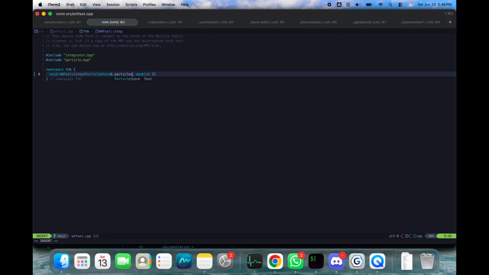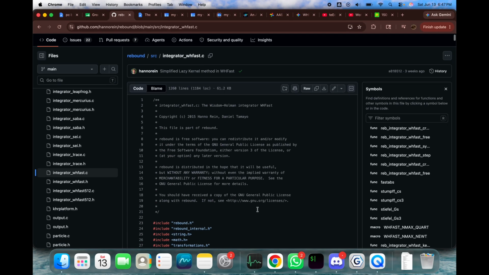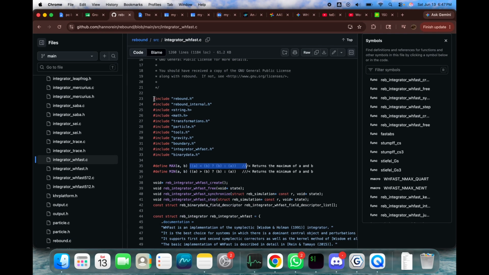Store particles. Yeah, and double DT. Okay, what do we have? You're going to need all this mess. The mess of data here. So let's ignore all that and only include what's necessary.